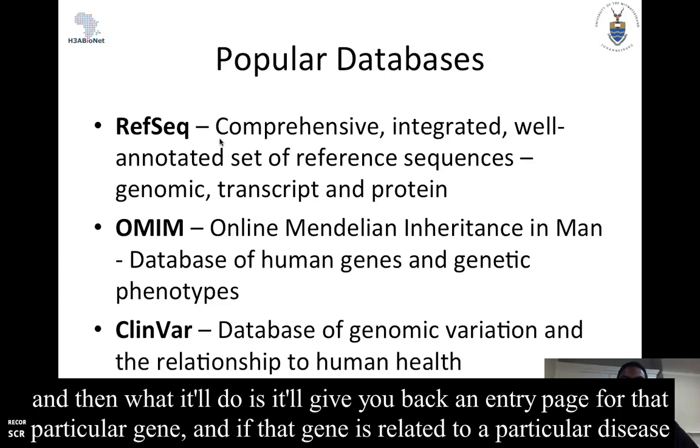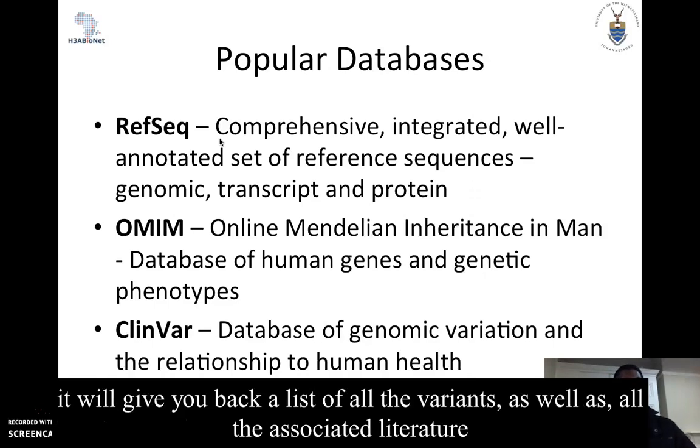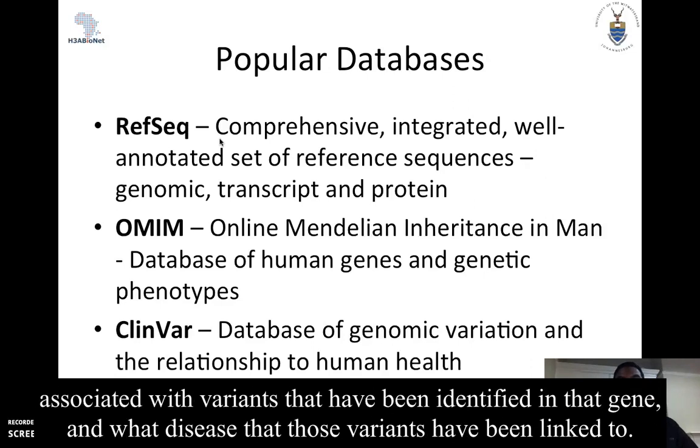And if variants in that gene are related to a particular disease, it will give you back a list of all the variants as well as all the associated literature with variants that have been identified in that gene and what disease those variants have been linked to.